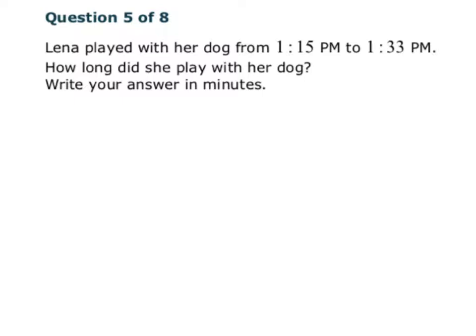Okay, Lena played with her dog from 1:15 to 1:33 p.m. How long did she play with her dog? Write your answer in minutes. Okay, so I could count up or I could subtract. I'm just going to count up. So 1:15 to 1:25 is 10 minutes, and then I still have 8 more minutes.